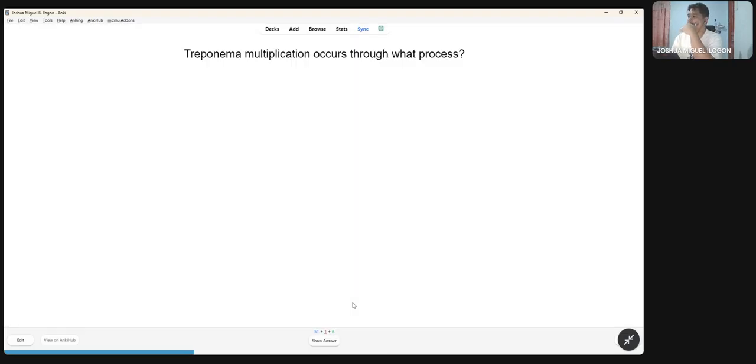Treponema multiplication occurs through what process? Treponema multiplication: transverse fission.